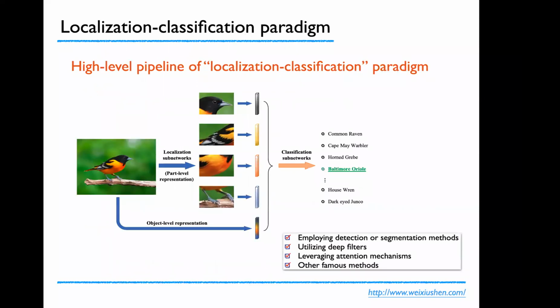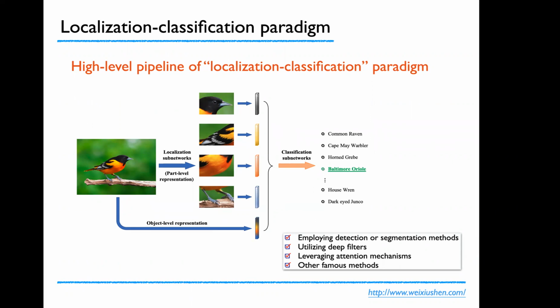In the learning paradigm of localization classification subnetworks, researchers have attempted to create models to capture the discriminative semantic parts of fine-grained objects, and then construct a mid-level representation corresponding to these parts for the final classification.